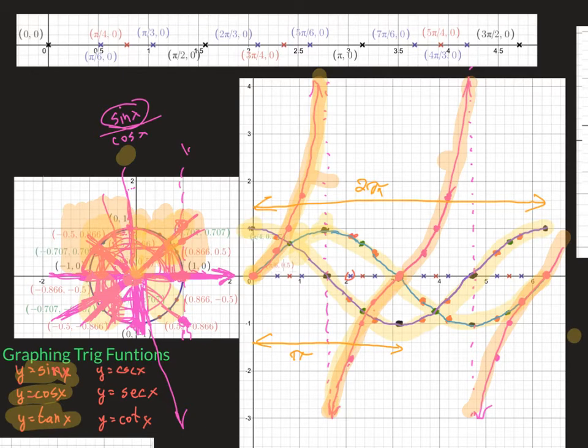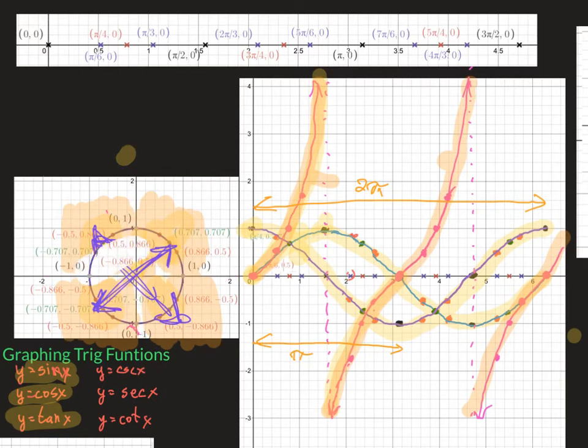And when they're both negative, sine over cos is going to be the same as when they were both positive, because it's going to be a positive value. And when sine is negative because it's below, and cos is positive because it's to the right, you're going to have the same values as when sine was positive and cos was negative. Okay. And so it does have a period of 2 pi, but since it repeats, it's actually a period of pi.